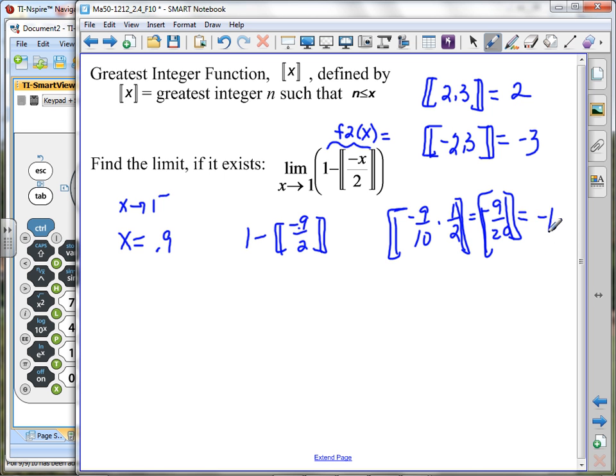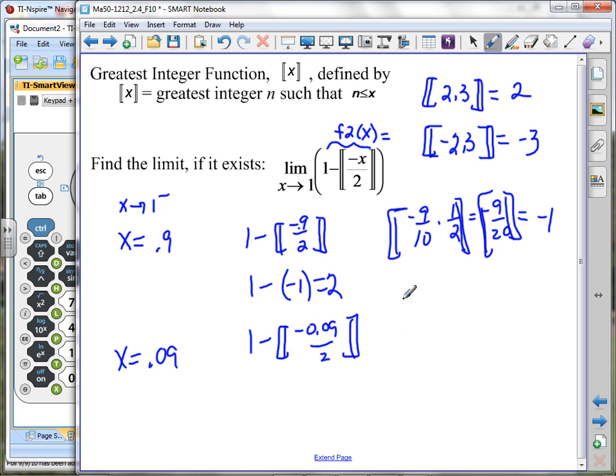Should be negative 1. So now if I take 1 minus a negative 1, so this would be 1 minus, and now my value here is -1. My answer should be 2. Should be 2. Okay. If I have x equaling 9/100ths, I'd have 1 minus the -9/100ths divided by 2. Let's see.